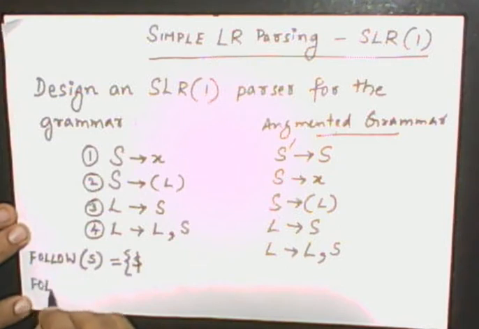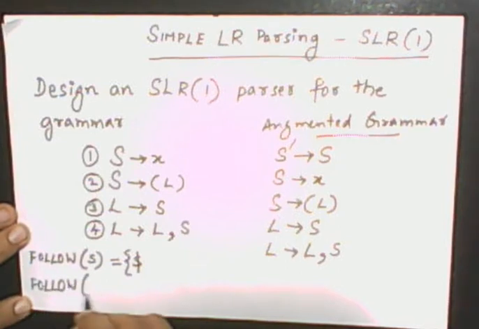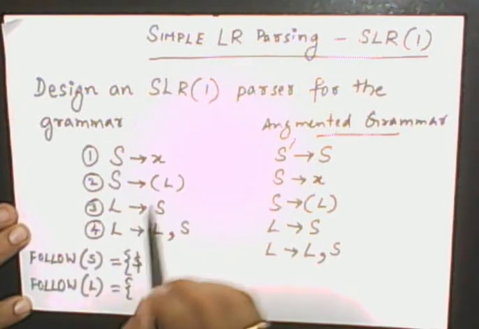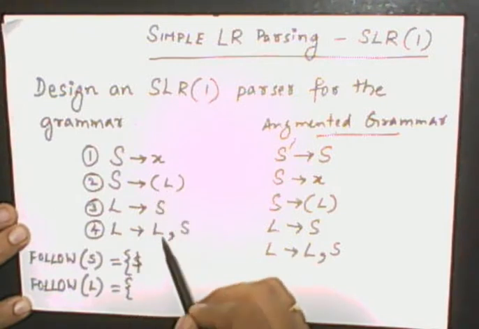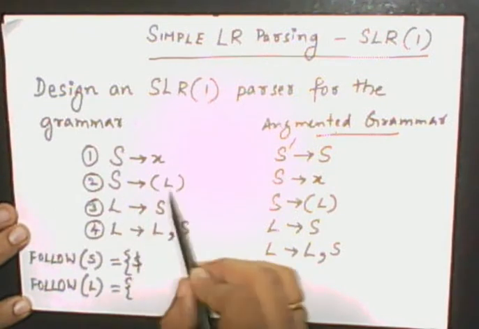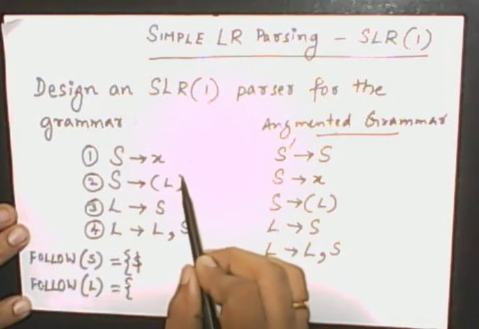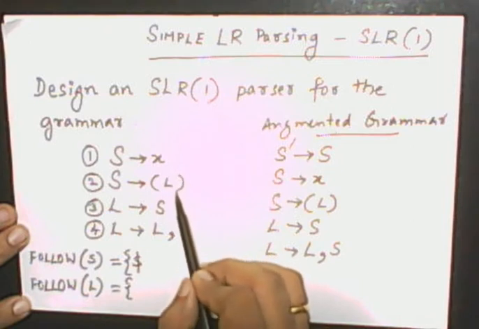So let us find follow of L. To find follow of L, you need to find wherever L appears on the right hand side. So in this production, L is there on the right side, and what is the follow of L? That is first of the remaining, that is first of right parenthesis.